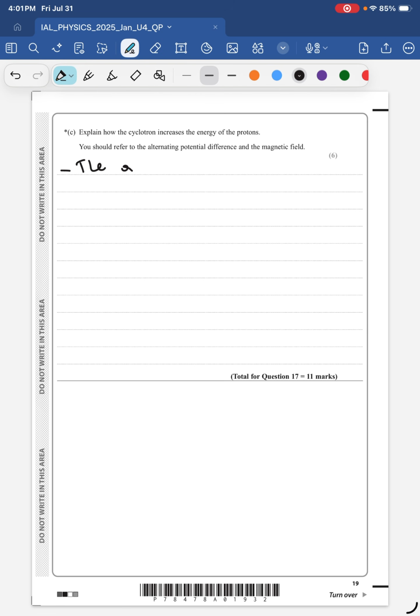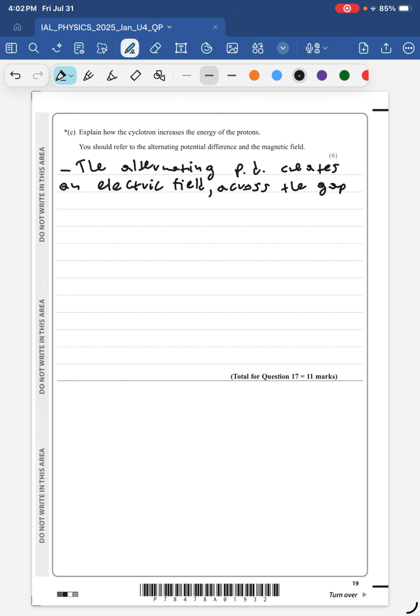So the alternating potential difference creates an electric field across the gap between the Ds.